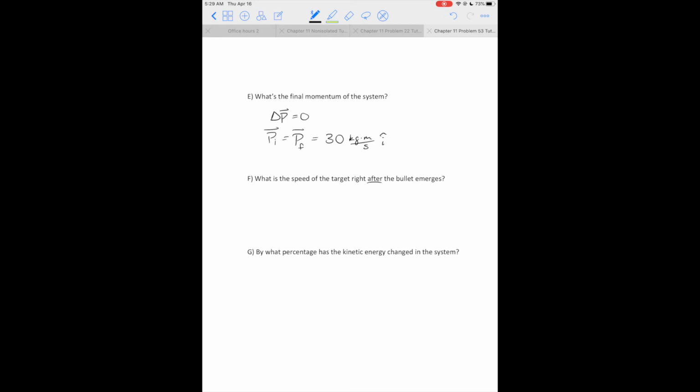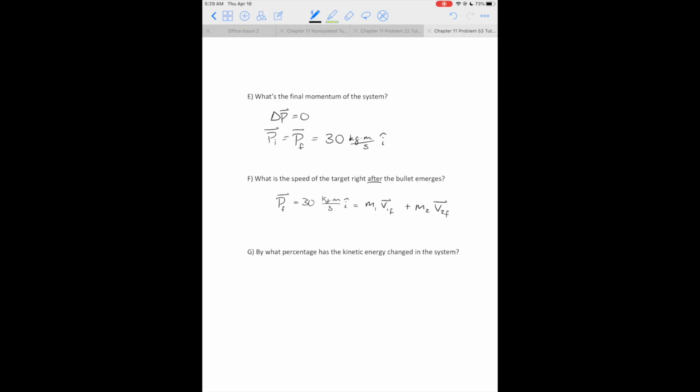What is the speed of the target right after the bullet emerges? If we're thinking about Pf, it is equal to 30 kilogram meters per second in the I-hat direction, and it's also equal to m1 v1f plus m2 v2f.